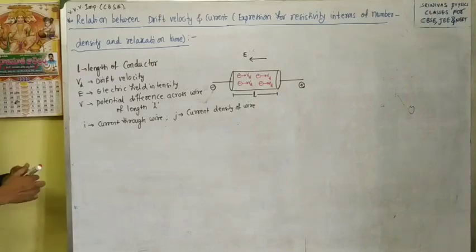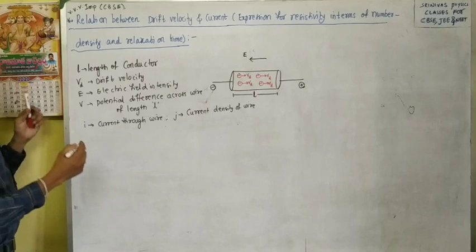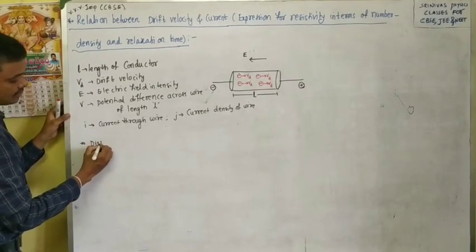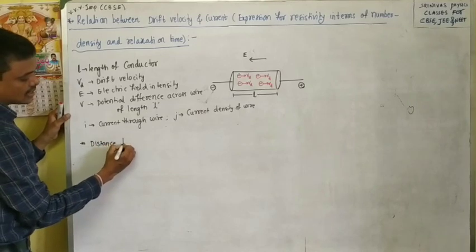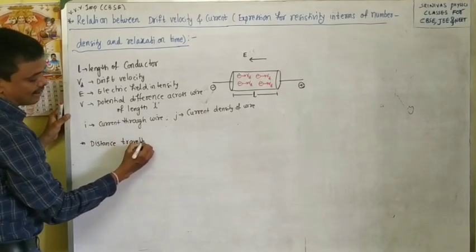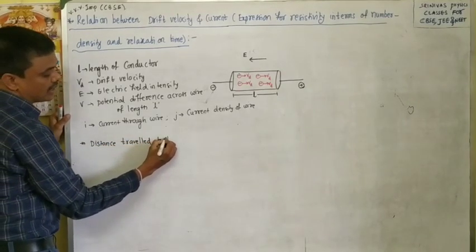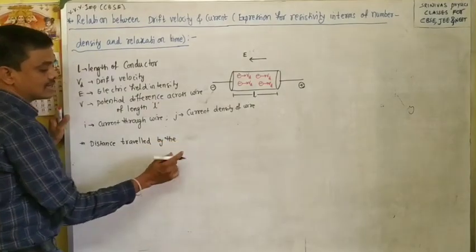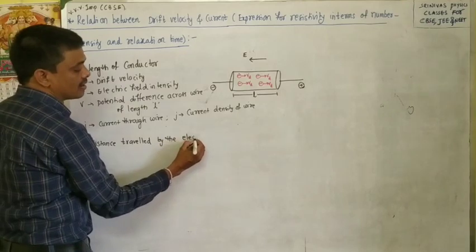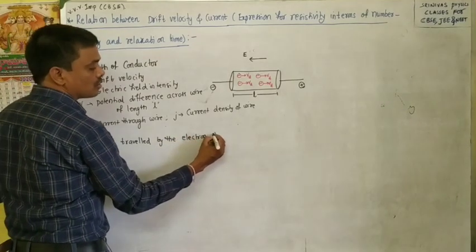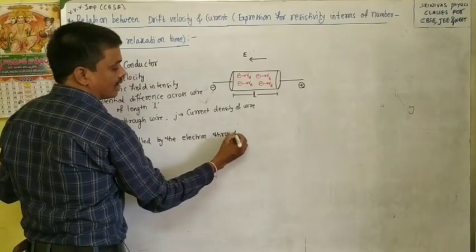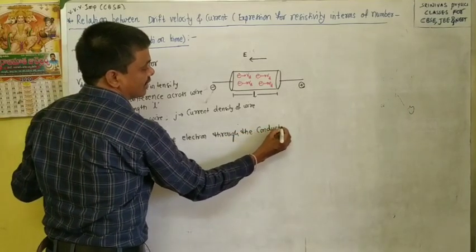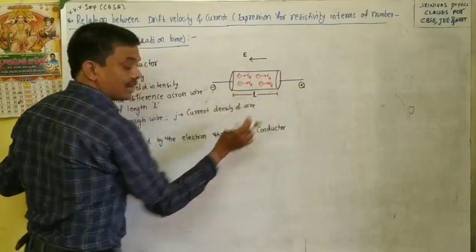First, the distance traveled by the electron through the conductor. The electron travels from here to here.